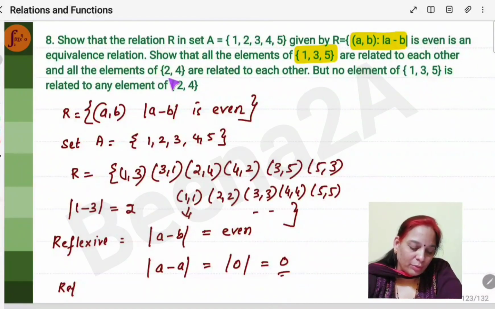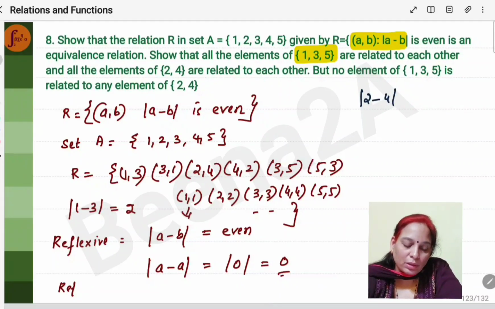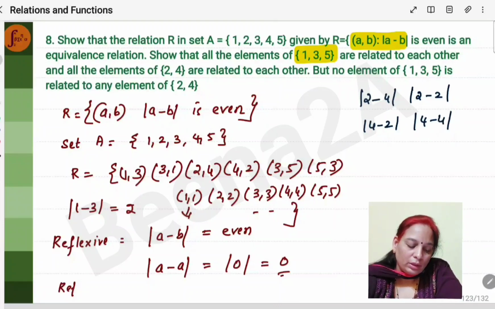Now same way we can prove that 2, 4 also relate to each other, right? So 2, 4 means modulus of 2 minus 4. There are only two numbers. Modulus of 2 minus 4, modulus of 2 minus 2, modulus of 4 minus 2 and modulus of 4 minus 4. These are the combinations that can happen with these two elements. If you see, all of them would give you an even number. 2 minus 4 is minus 2.